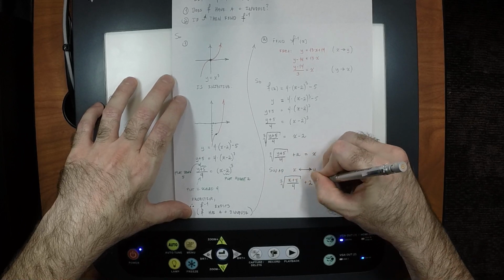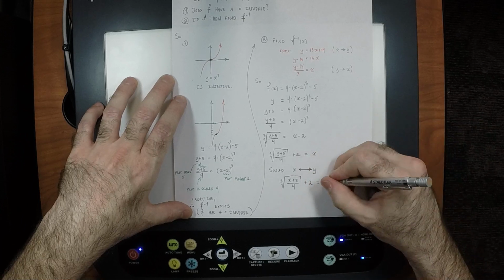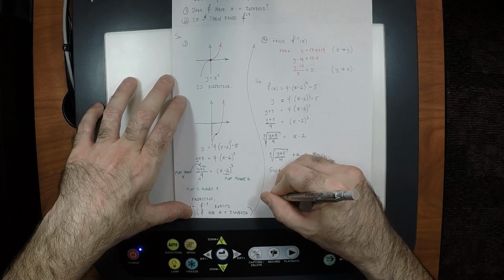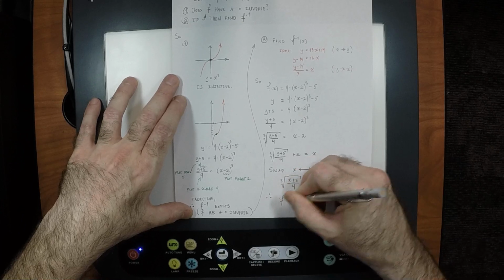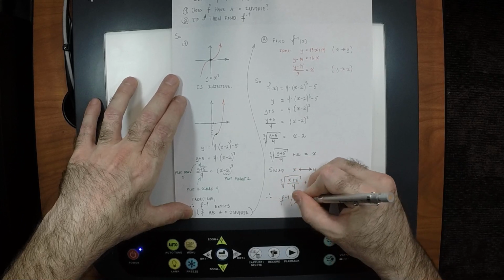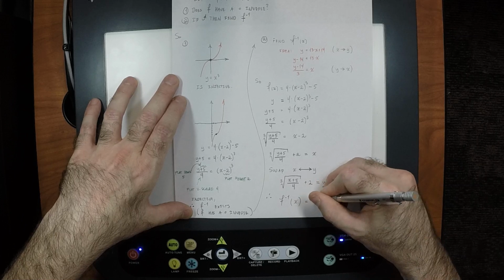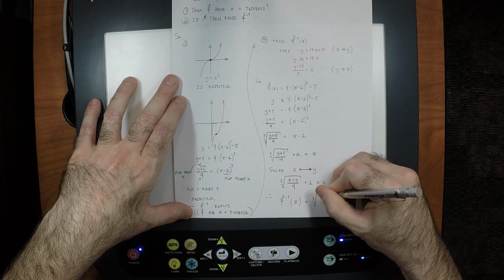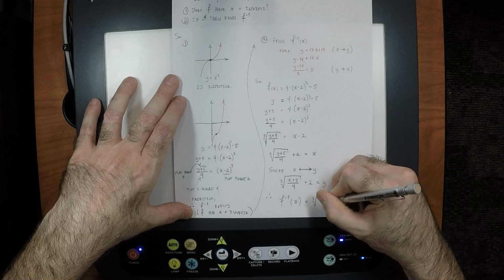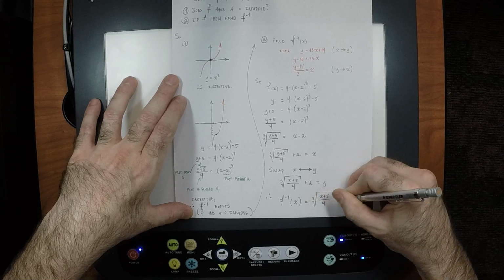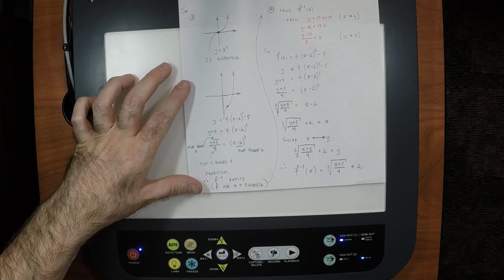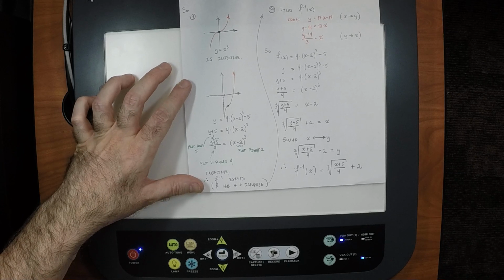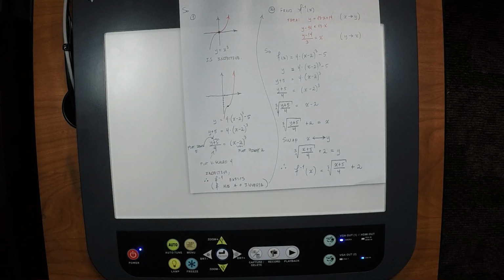Then add 2, and then the right-hand side says x, but I write y. And therefore, the inverse function, whose name is f superscript -1, is this. So that's the inverse function. Very neat. Any question about that?